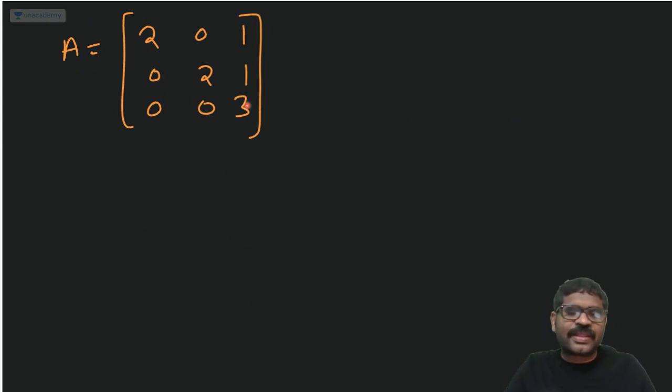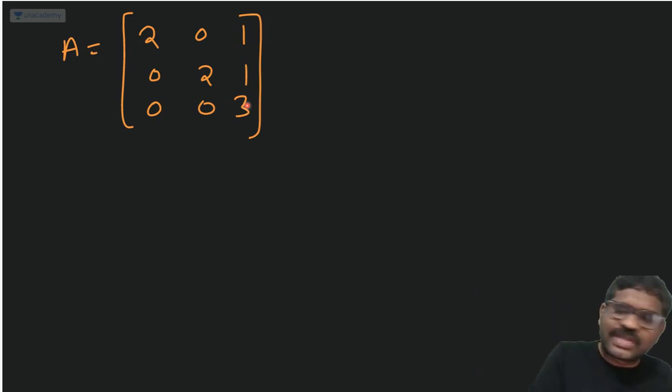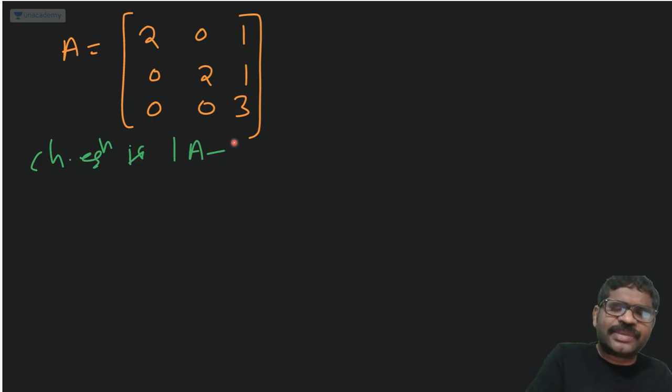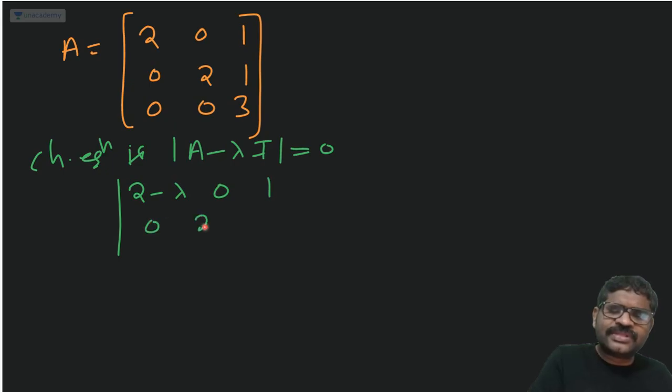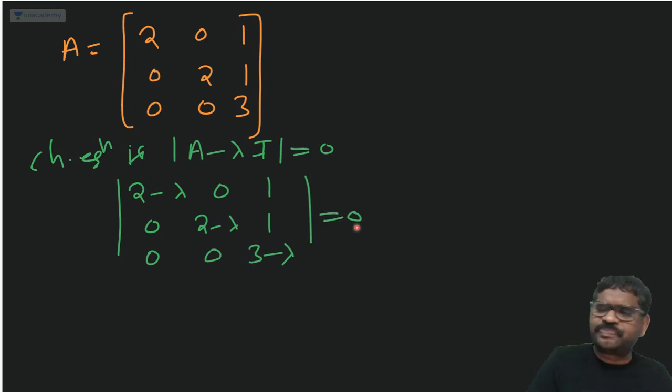Now, A is 201, 021, 003. Now, the characteristic equation is determinant of A minus lambda I equal to 0. Determinant of 2 minus lambda 0 1, 0 2 minus lambda 1, 0 0 3 minus lambda equal to 0.